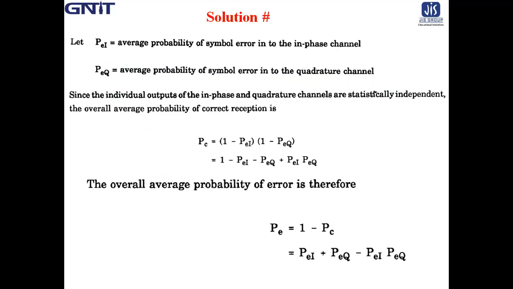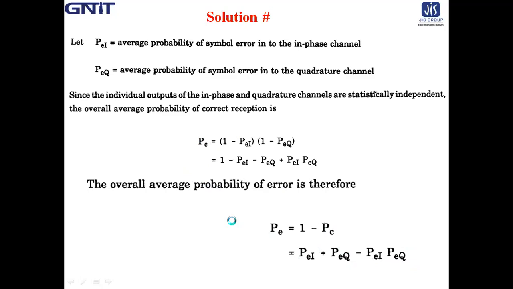As their individual outputs for the in-phase and quadrature channels are statistically independent, the overall average probability of correct decision is (1 − PeI)(1 − PeQ), as they are statistically independent and their probability of correct decision is this. I just multiplied it. Therefore, the overall average probability of error is 1 minus the probability of correct decision, so this is PeQ + PeI − PeI·PeQ.